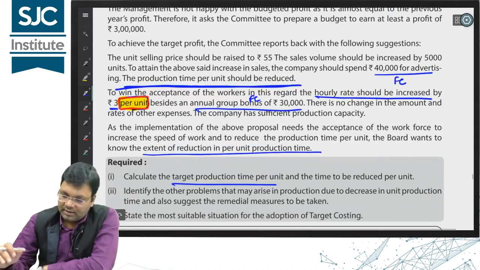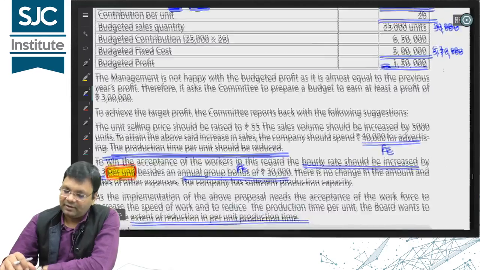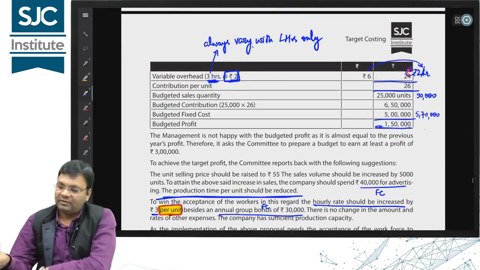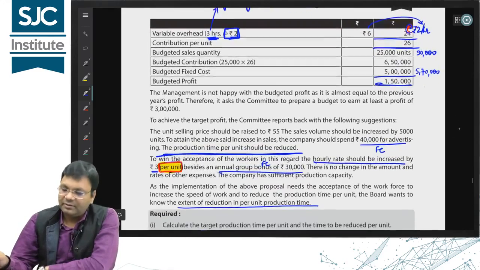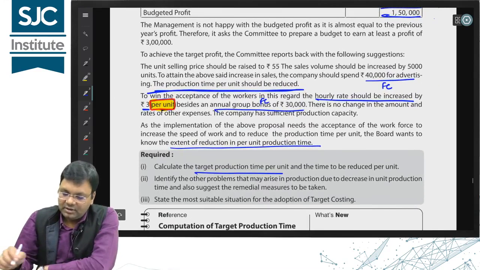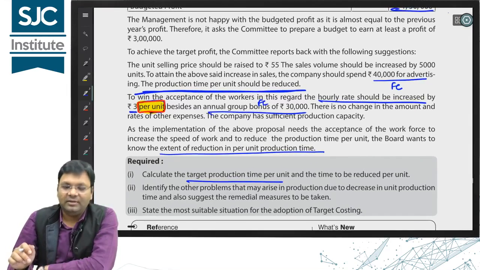So what they are asking is, as the implementation of, okay, another line is there: the company has sufficient production capacity. What does this mean? Since we are increasing capacity from 25,000 to 30,000, there is enough capacity to accommodate that 30,000. As the implementation of the above proposal needs the acceptance of the workforce to increase the speed of work and to reduce the production time per unit, the board wants to know the extent of reduction in per unit production time.